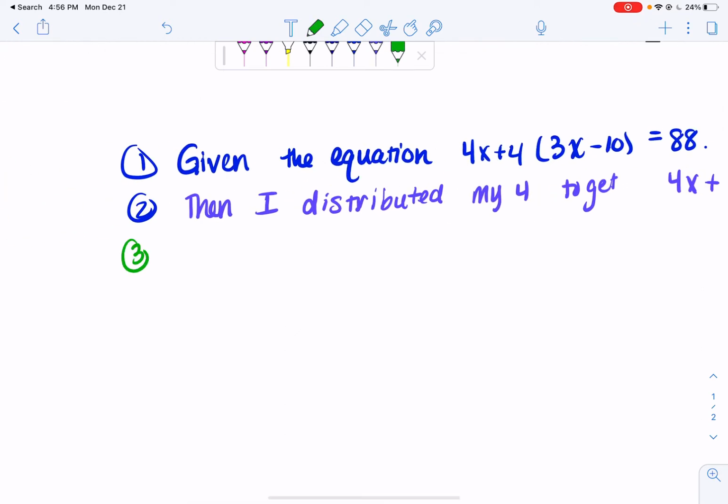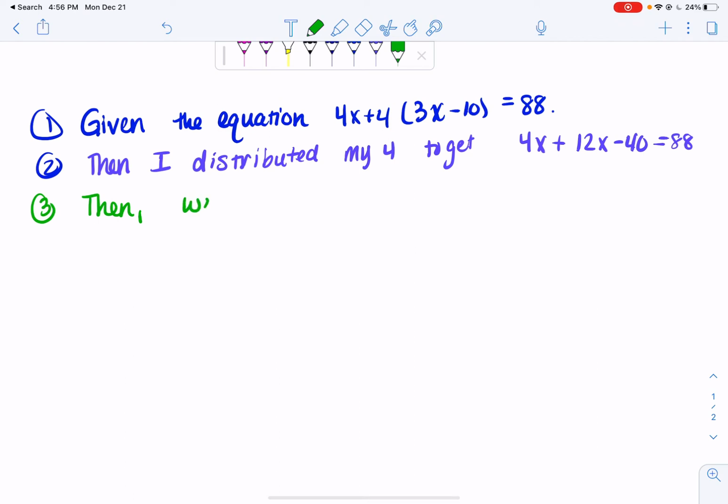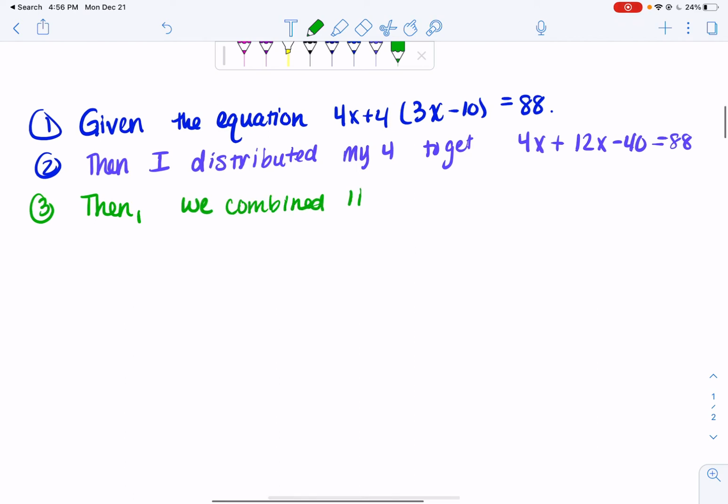Then, what did we do? We combined like terms to get 16x minus 40 equals 88.